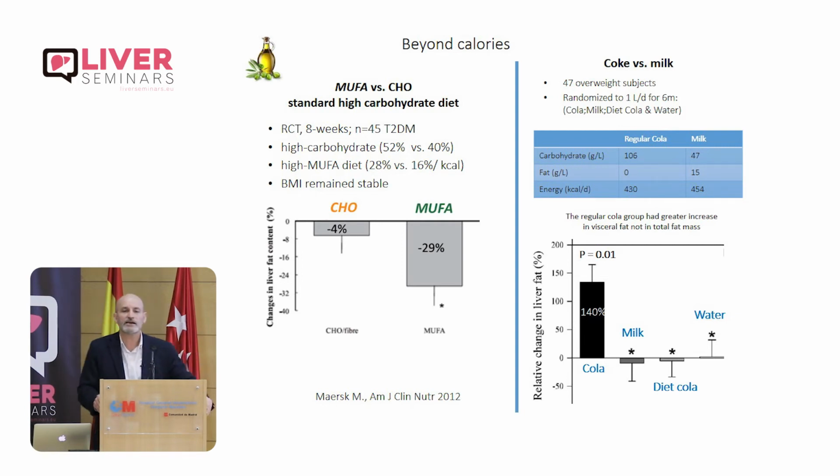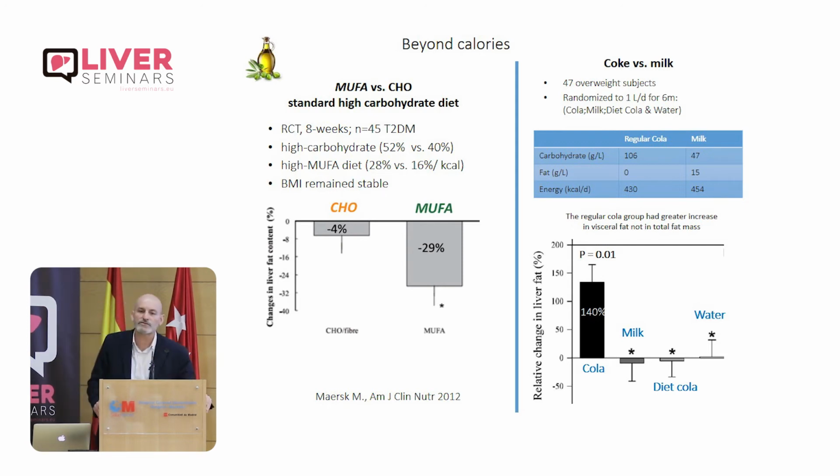And on the other side, on the left side of the slide, you can see a very nice study with 47 overweight patients that were invited to drink 1 more liter every day. They have a standard diet, but drink 1 more liter of Coke, milk, Diet Coke, or water.